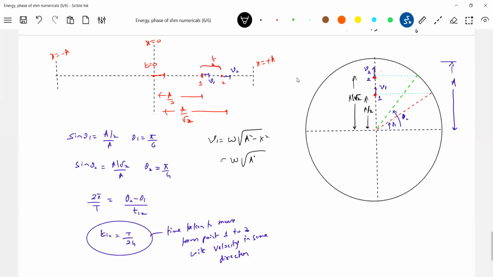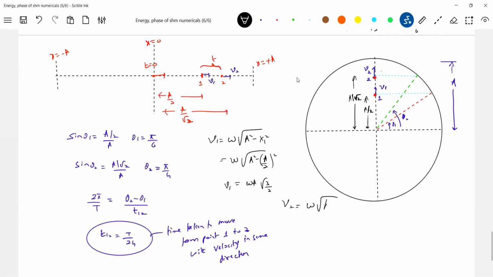Okay, let's see about the speed. What is x? X will be a by 2, whole square. So omega a root 3 by 2. So there's the speed. What about V2?